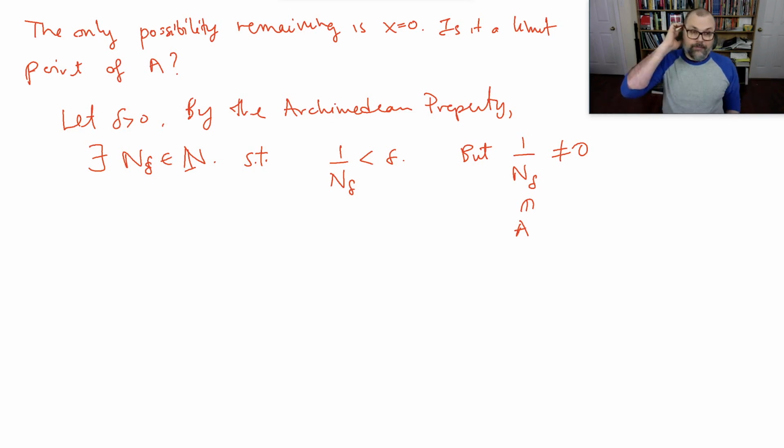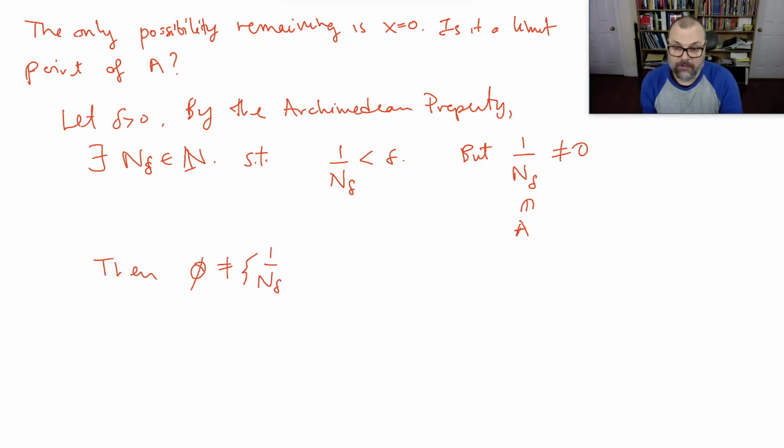These are the elements of A. So the intersection is different from the empty set, as the singleton 1 over n delta is contained in the neighborhood around 0 of radius delta. And this is definitely what we wrote right here.